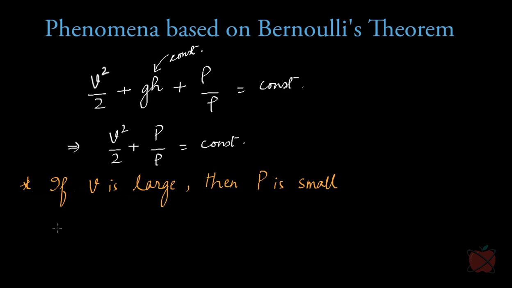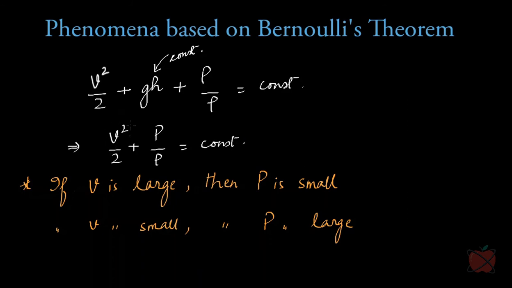And vice versa. If V is small, then pressure will be large. Understand? Because if you increase this, you have to decrease this part for this to be balanced out and come out to be constant. Got it?